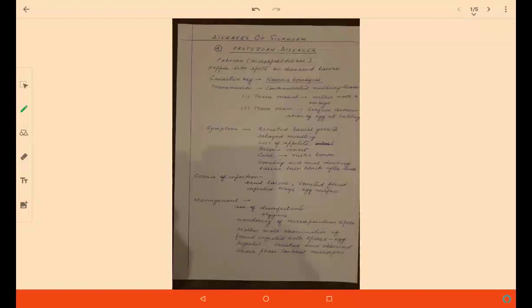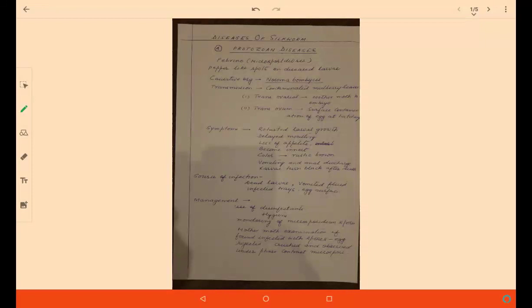Protozoan disease is called Pebrine, also called Microsporidiasis. In Pebrine disease, the larva develops pepper-like spots, and the causative organism is Nosema bombycis.